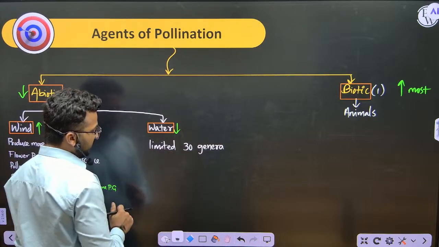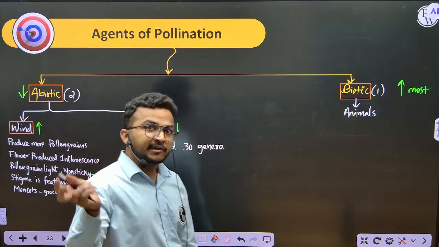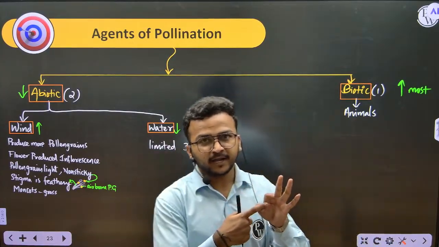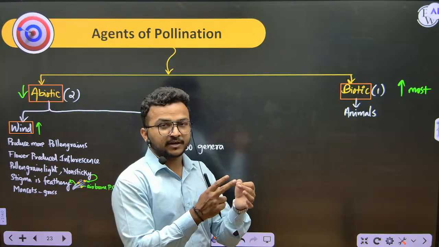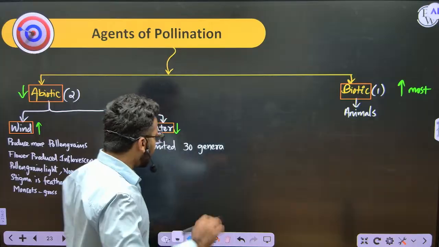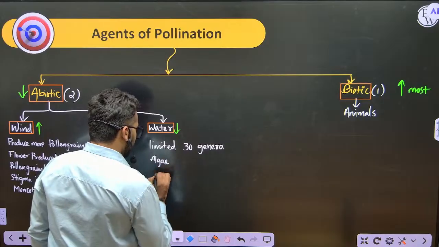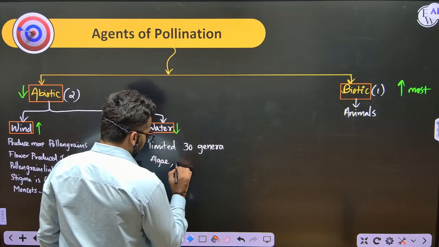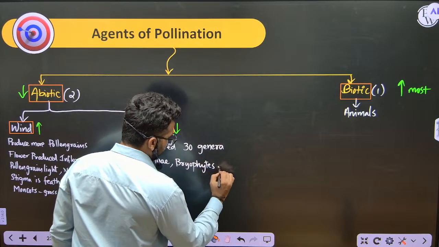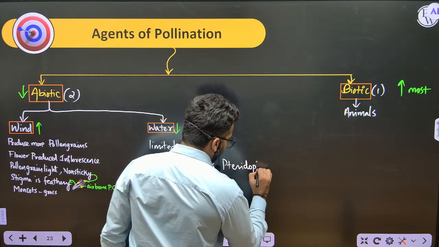Like if you go back to the plant kingdom, there are algae, bryophytes, pteridophytes, gymnosperms, angiosperms. If you see the evolutionary line, the earlier plants like algae, bryophytes and pteridophytes, they were showing what?